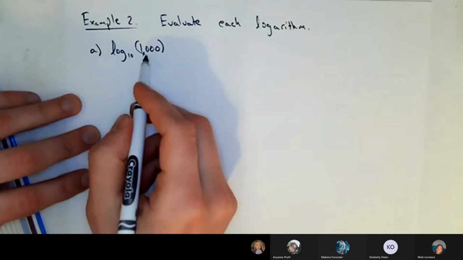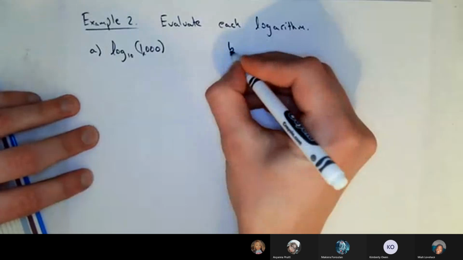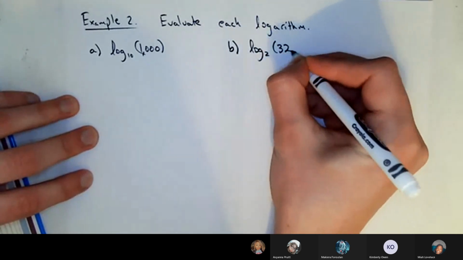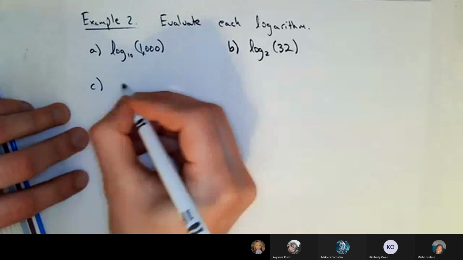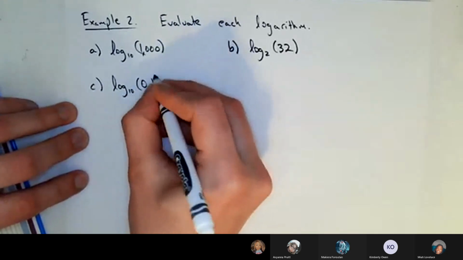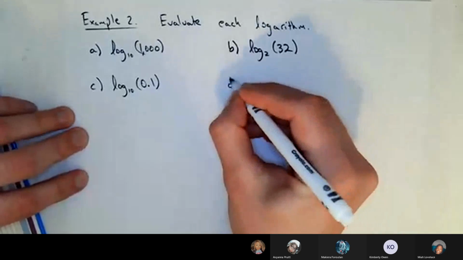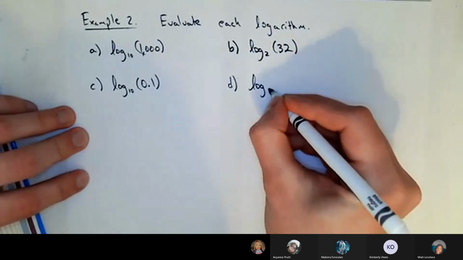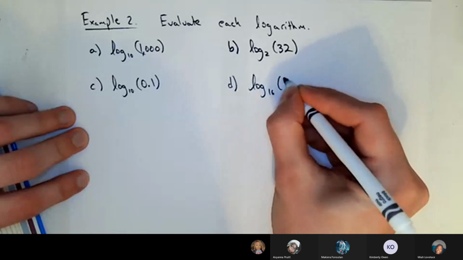So this is log base 10 of 1,000. Part B is going to be log base 2 of 32. Part C, let's say log base 10 of 0.1. That's interesting. That seems like it might be difficult, but we'll talk about it. And log base 16 of 4.